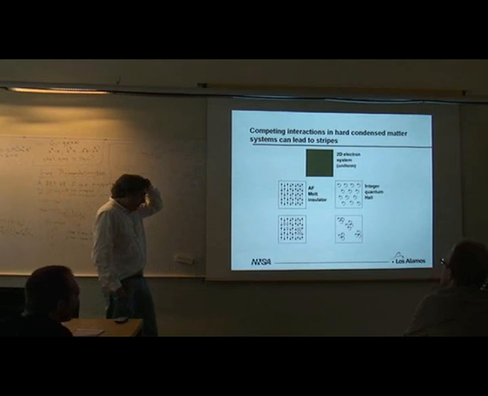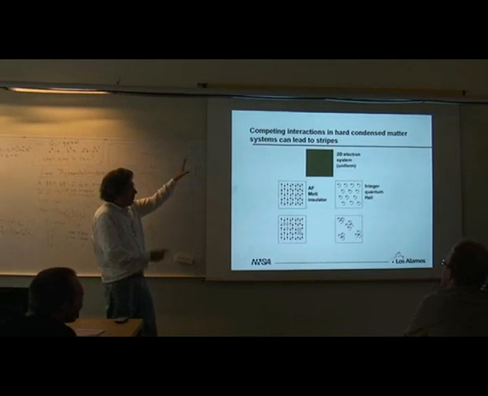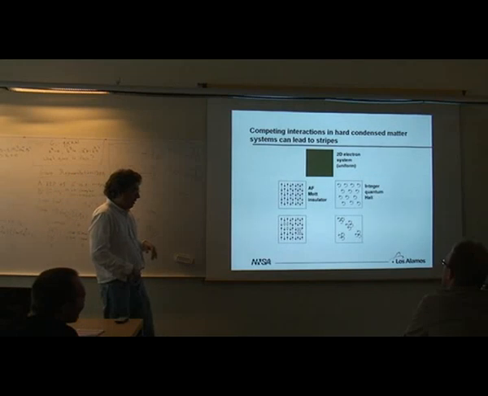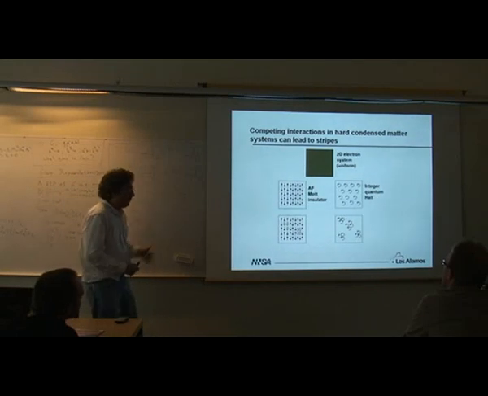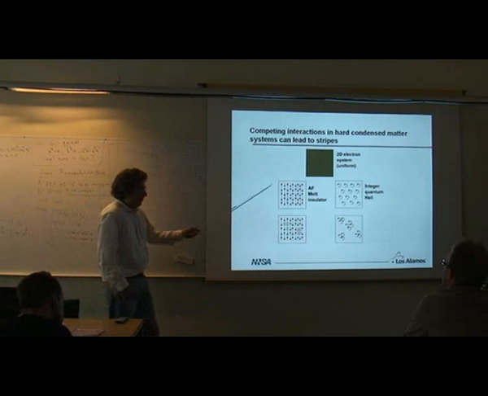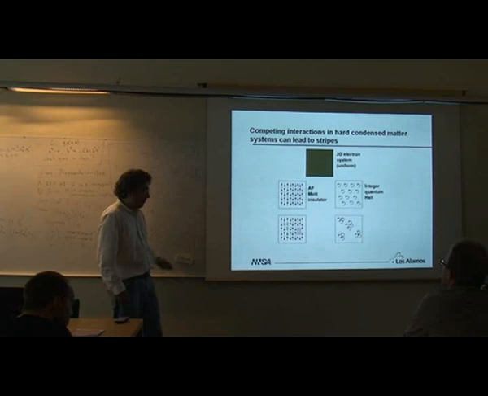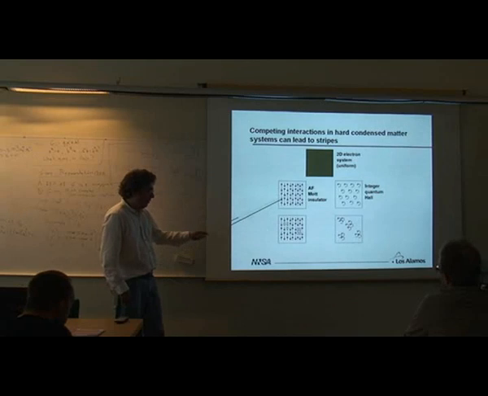Anyway, so similar ideas start to come out in hard condensed matter, where you can get a system where you have long range repulsion and some kind of short range attraction. Some of the ideas we're talking about are in the cuprates, where you have your doping in some kind of insulator phase where you have spin degrees of freedom.